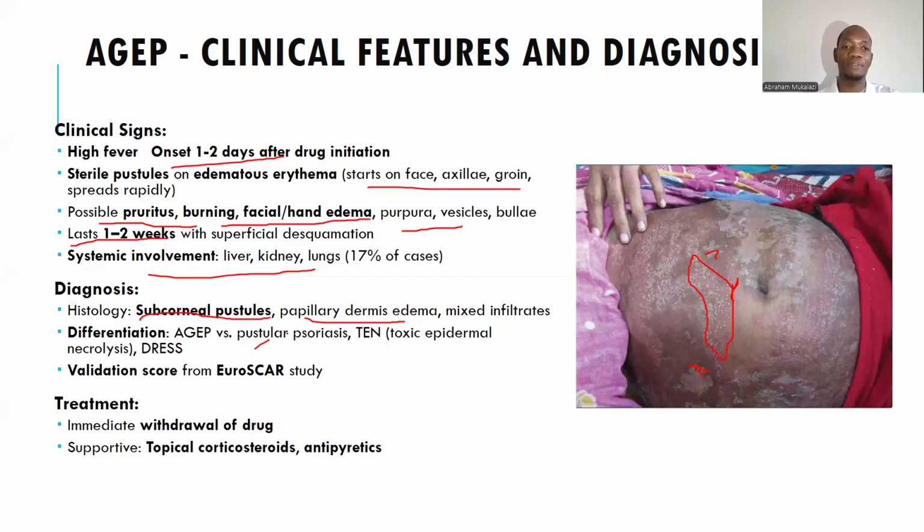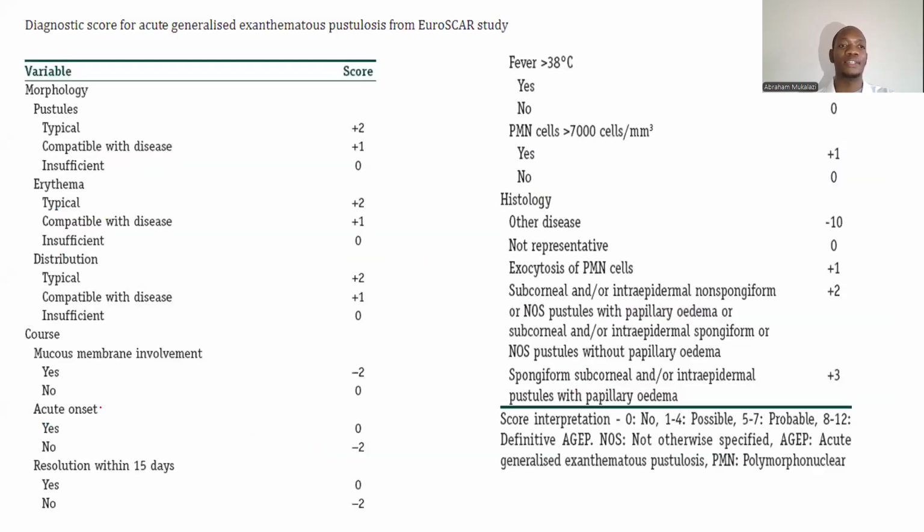Differentials include pustular psoriasis, TEN, even DRESS, because we've seen that DRESS can also present morphologically with pustules. We also have a validation score that we can use when you are confirming AGEP. For treatment, you withdraw the drug, then you can give corticosteroids and drugs that manage the temperature.